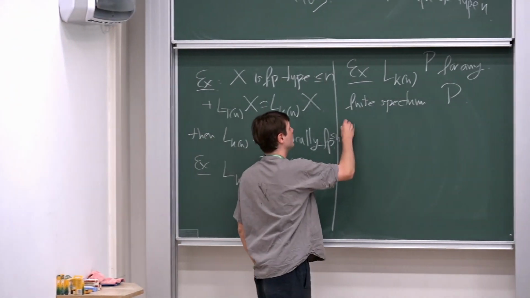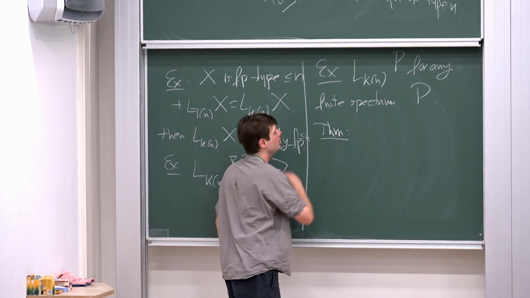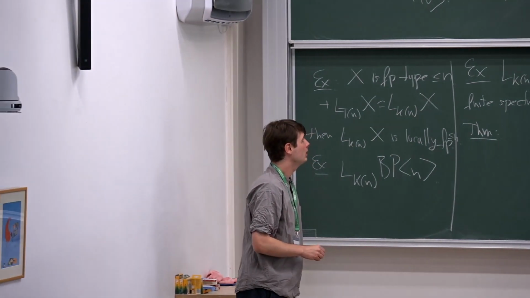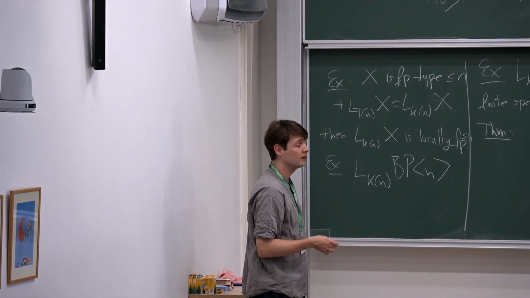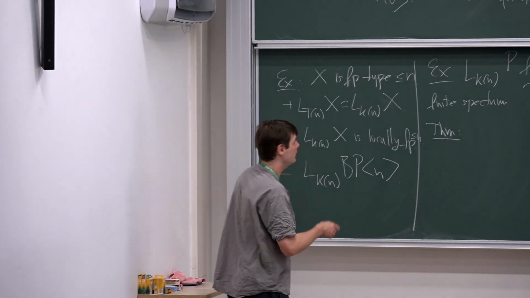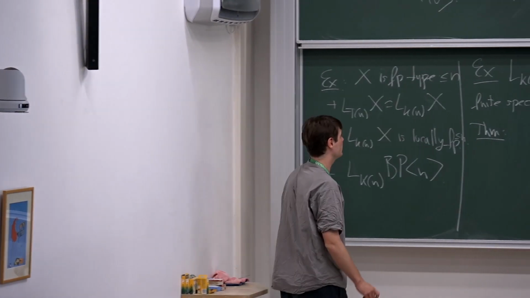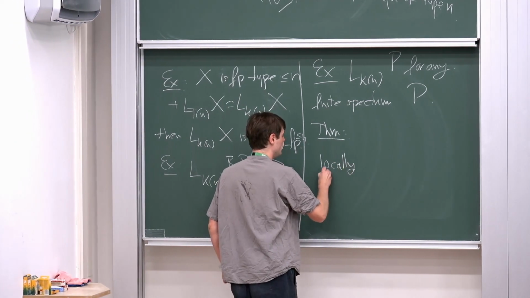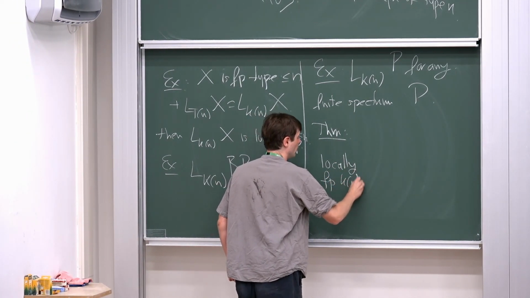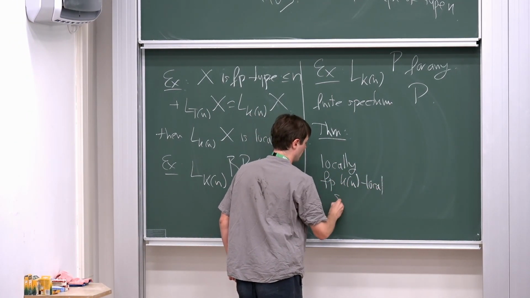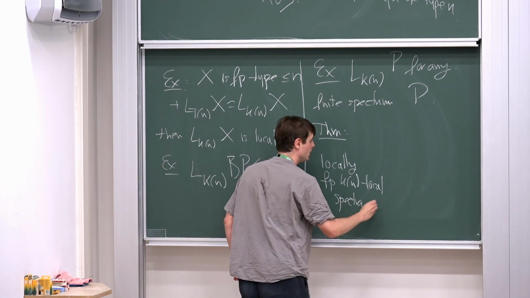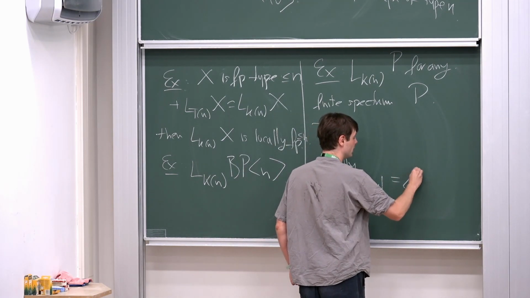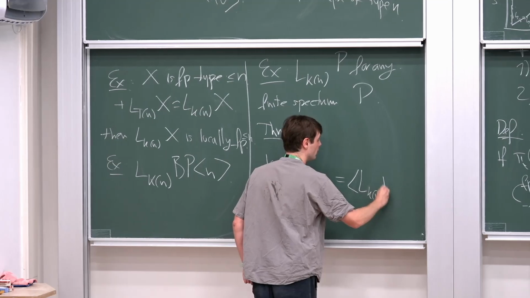And the theorem we're able to prove with David at any height in the monochromatic story is the natural analog of the Hahn-Wilson conjecture, namely locally fp spectra is the same as the subcategory generated by the Kn localization of BPn.